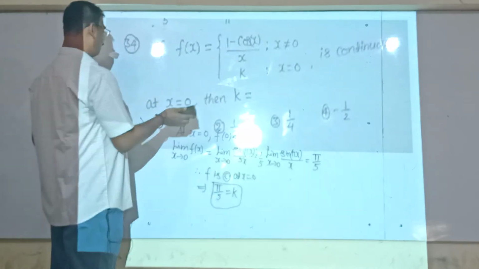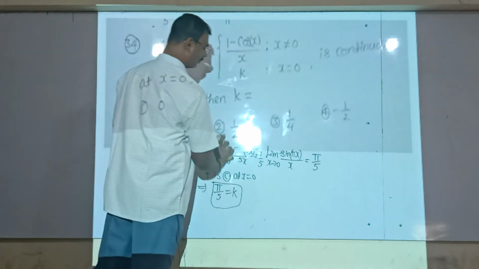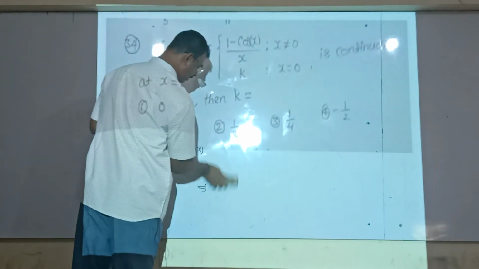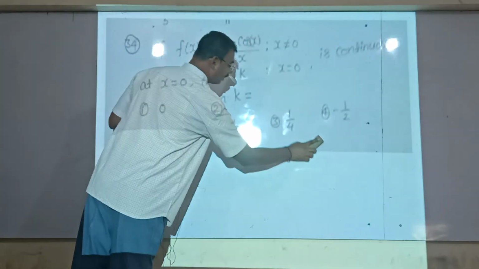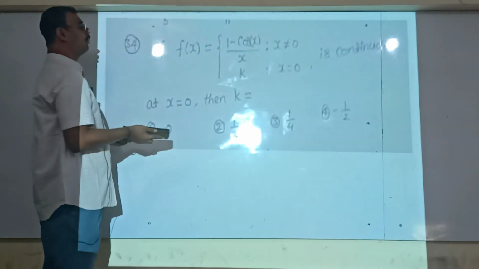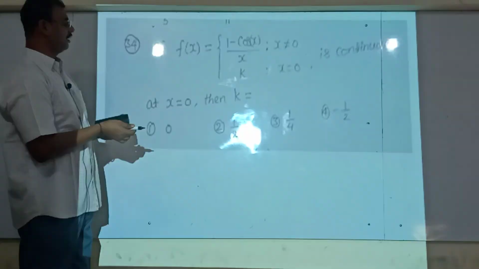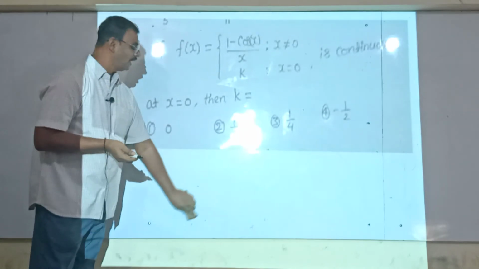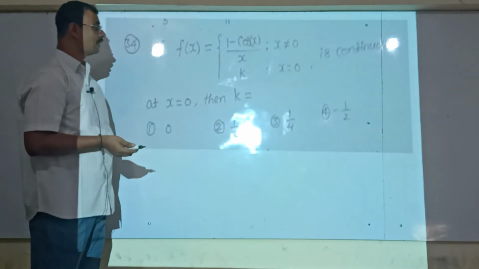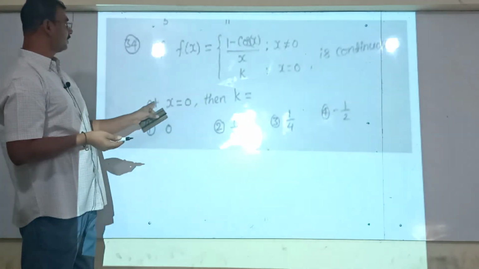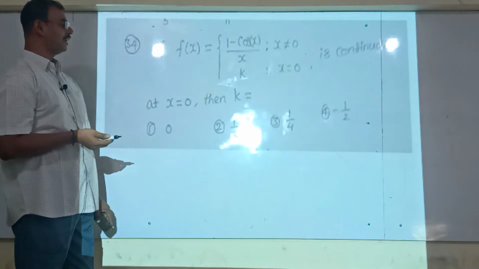Next problem, number 34. If f of x is equal to 1 minus cos x divided by x when x is not equal to 0, and k when x is equal to 0, is continuous at x equal to 0, then k is equal to?